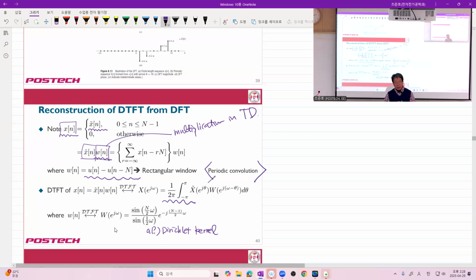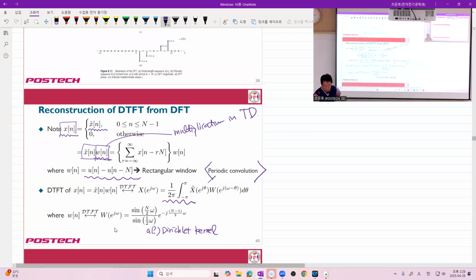There are many famous window functions: Hamming, Hanning, Kaiser, some Chebyshev. And they have found some good applications in some special cases. So you will see anyway later in this textbook.